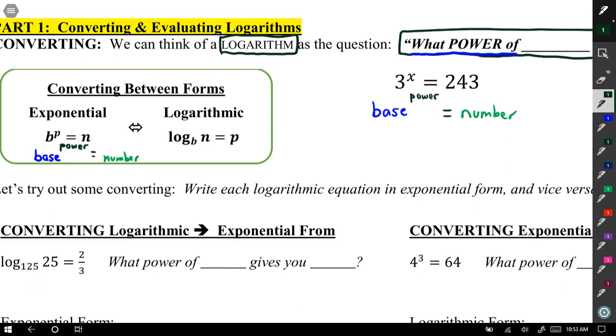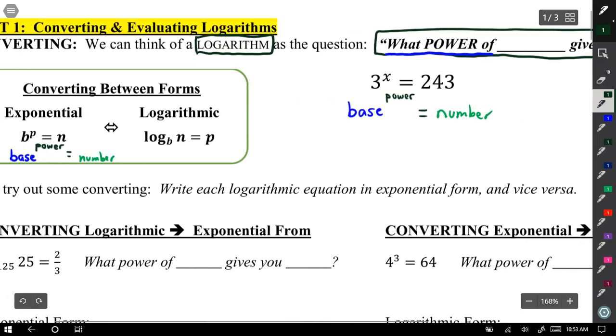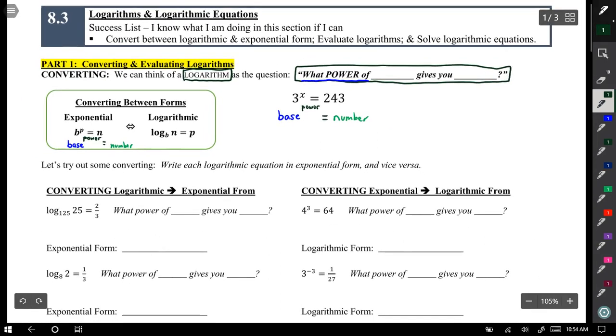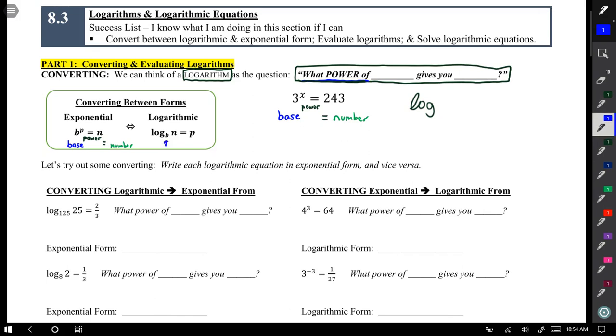Now what logarithmic form is, take that same expression, rather than write it as 3 to the x equals 243, we can evaluate it by using the word log. So I have log, which when I say the word log, I'm thinking what power of. And if I look at it, my base is a subscript there. So my base goes here.